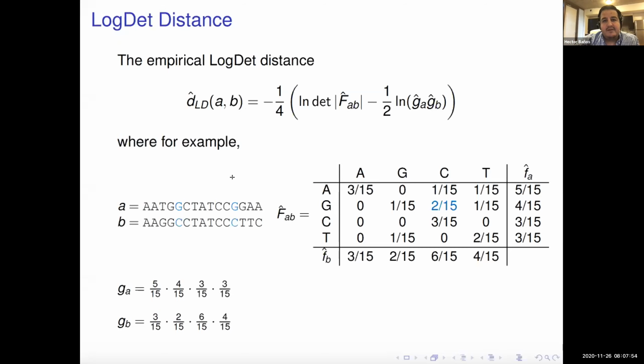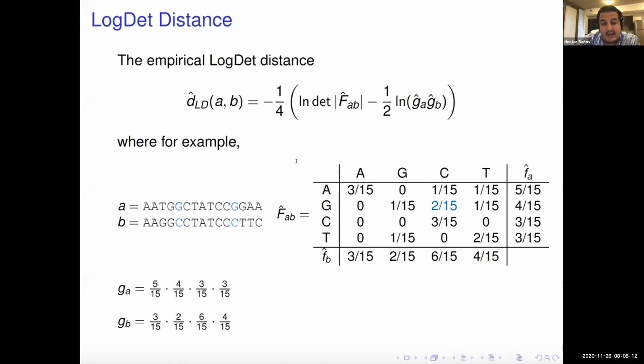I'm going to briefly explain. The LogDet distance between two sequences is defined by this equation where we need two things. F_AB is just the site pattern frequency matrix of two sequences.